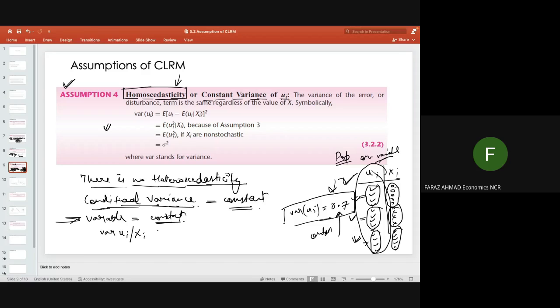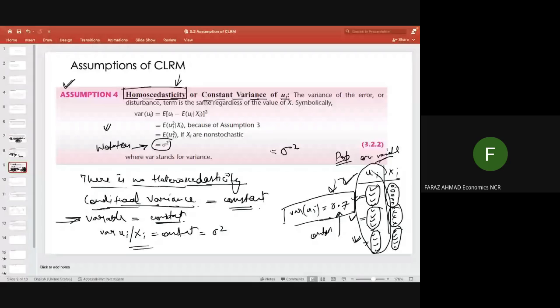So this assumption talks about constant variance. It means that for each given value of X, the variance of Ui given X is constant. And we call this constant sigma squared. Sigma squared. So this is the notation that will be used.